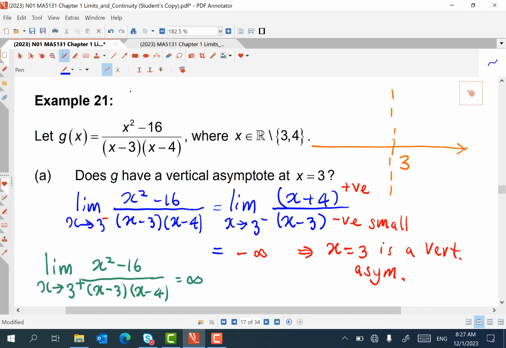It says towards 3 from the left, we have negative infinity. It means go down this way. Towards 3 from the right, we have positive infinity. So geometrically, the graph will be like this, near 3 on the left and on the right of 3.